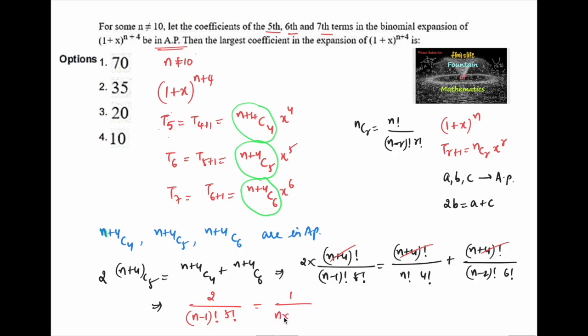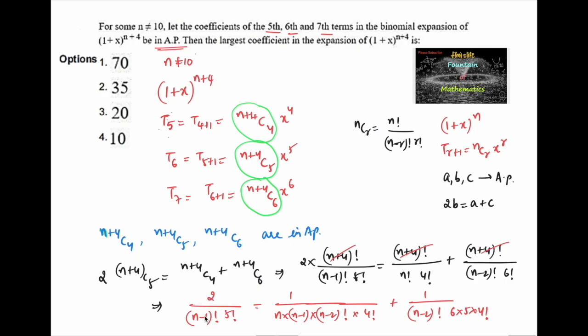We can write it as n into (n minus 1) into (n minus 2) factorial into 4 factorial plus 1 upon (n minus 2) factorial into 6 factorial. We can write 6 into 5 into 4 factorial.